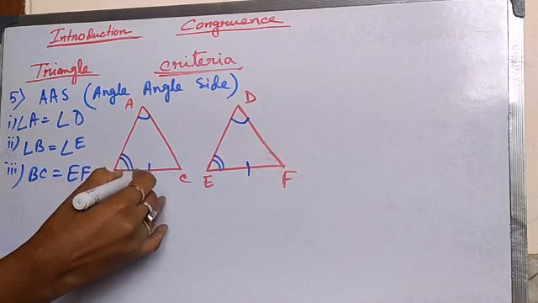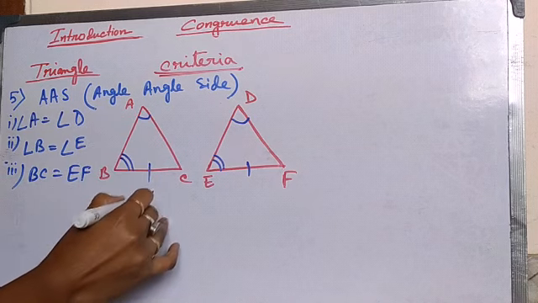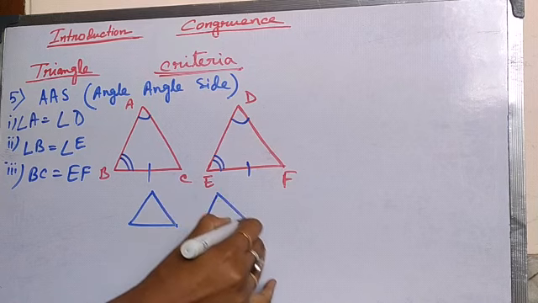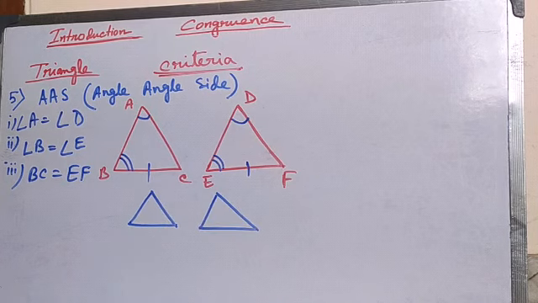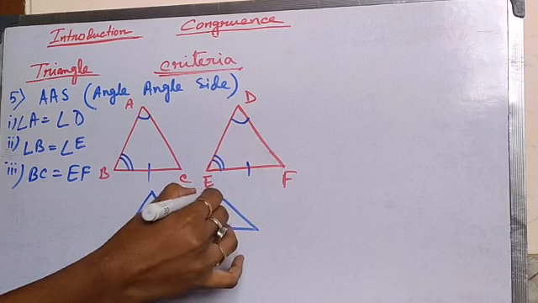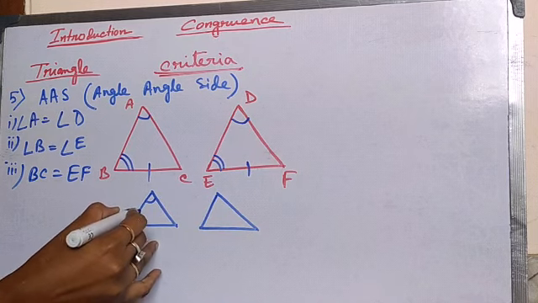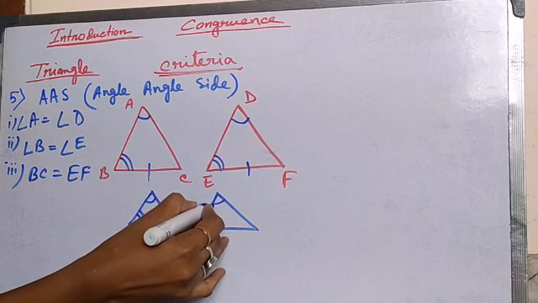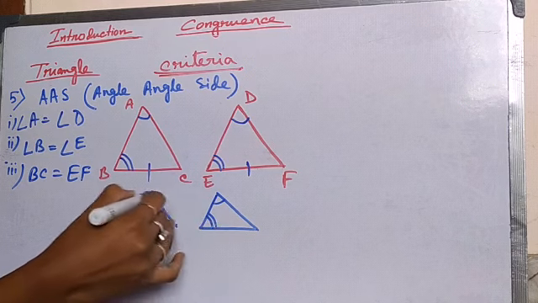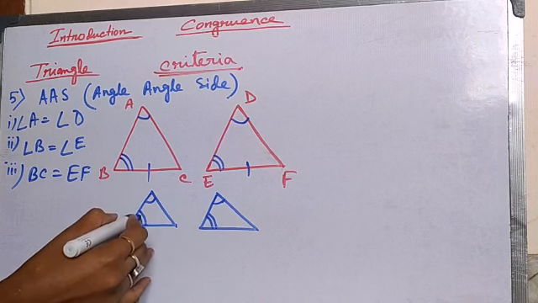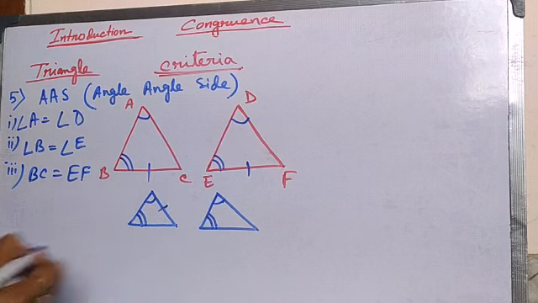Maybe this one side will be this one also. Suppose I am drawing another figure, these two triangles. Suppose this angle and this angle are equal, this equals this, and this angle equals this angle. Then this side also we can take.